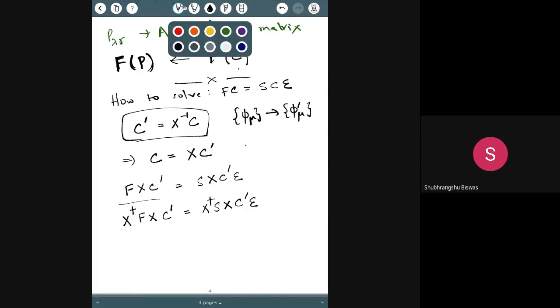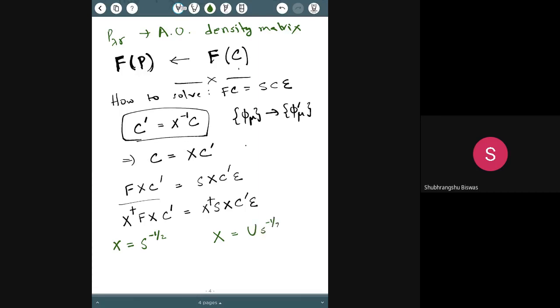One option is you take X equal to S to the power minus half. The other option is you take X as some unitary matrix multiplied by the square roots of the eigenvalues of S, where small s is the eigenvalues of capital S. We will do that in a little more detail now, so you will see what is happening.